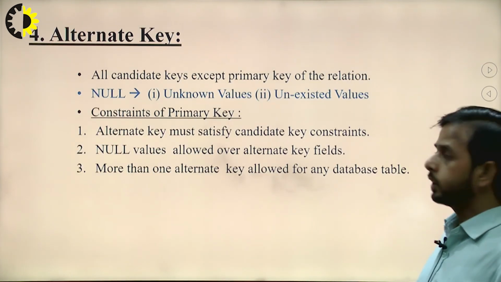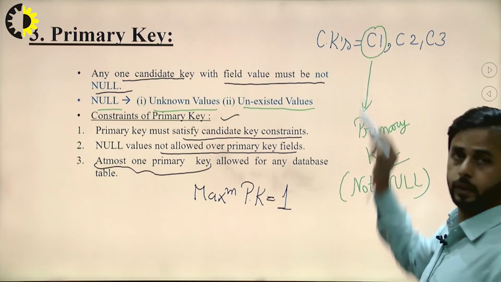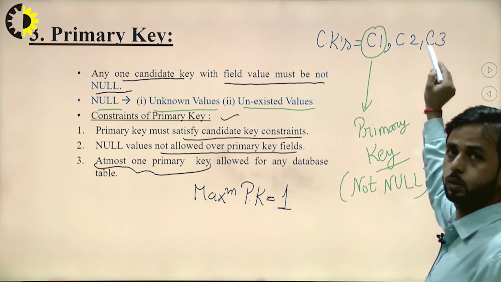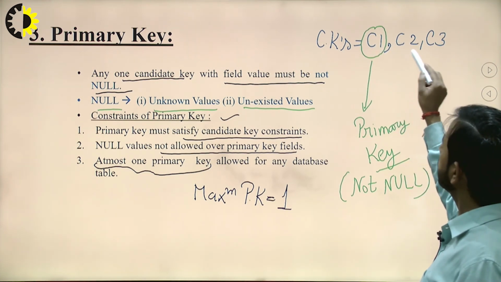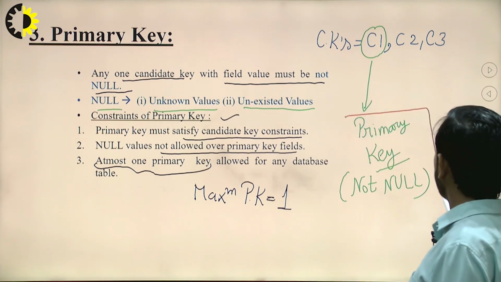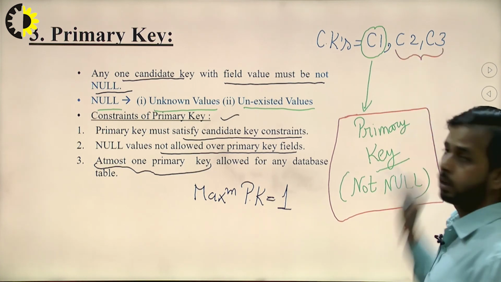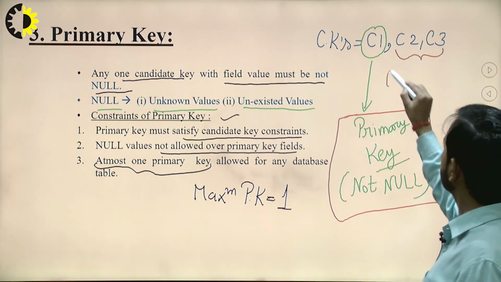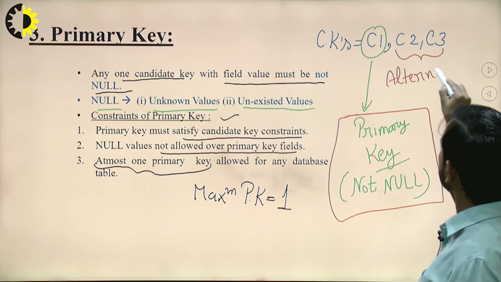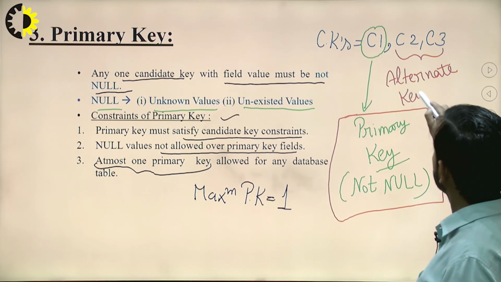Next, the alternate key. See the concept here. There are various keys: candidate keys C1, C2 and C3. Among these candidate keys, one of the keys is selected as the primary key. The remaining keys are known as alternate keys.